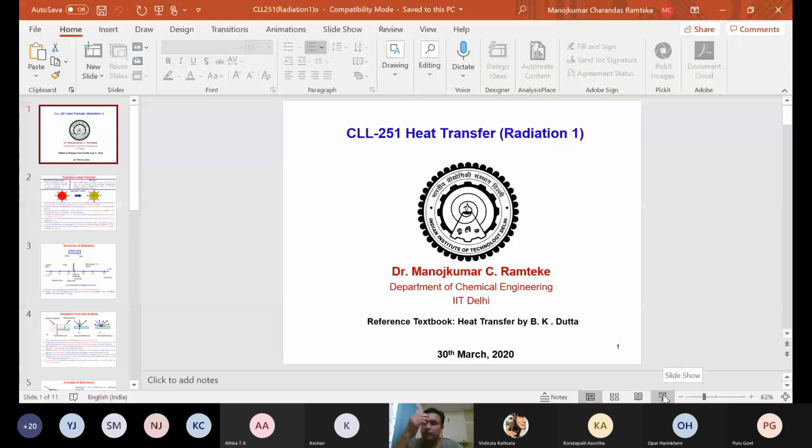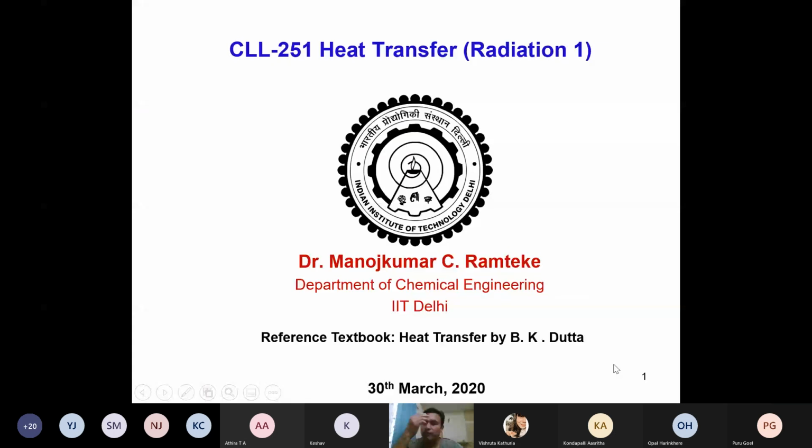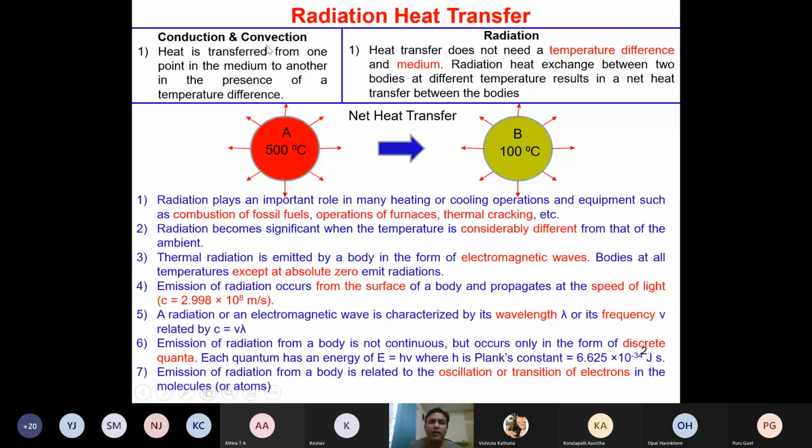So let us start with the radiation. So far we have looked at conduction and convection, and now we are looking at the third mode of heat transfer, that is nothing but radiation. As we said in the very first class, it is slightly different from conduction and convection. In conduction and convection, heat is transferred from one point in the medium to another in the presence of a temperature difference.